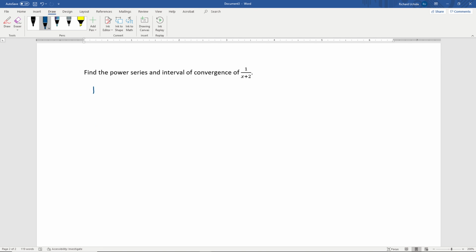That would be the same thing as 1 over 2 plus x, which would also be the same thing as 1 over, let me factor out 2 from both of those terms in the denominator, 2 times 1 plus x over 2, which would be 1/2 times 1 over 1 plus x over 2.